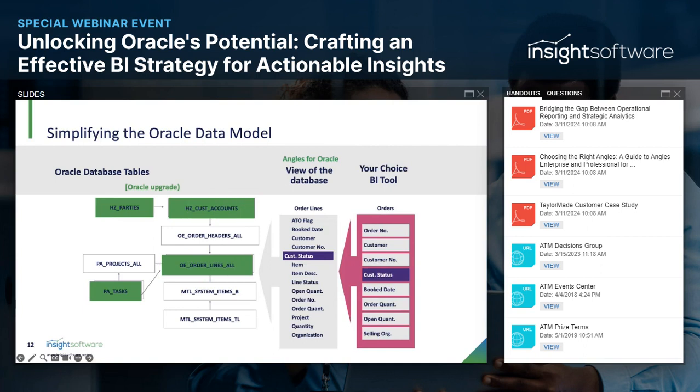The important thing to note here is that the way in which Angles abstracts the Oracle database schema allows your BI developers to work with plain business terms rather than Oracle database or SQL terms.